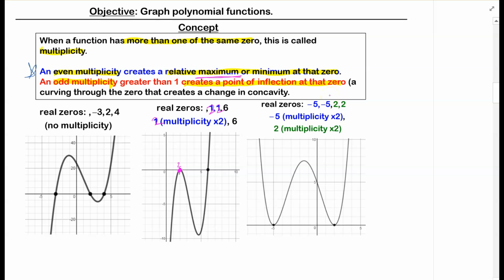And then 2 shows up twice, so it has multiplicity of 2 also. So if I look at the x-axis, at negative 5 I didn't cross the x-axis. It created a minimum this time. And likewise with 2, it did not cross the x-axis, so it created a minimum at 2. So that's what multiplicity does.